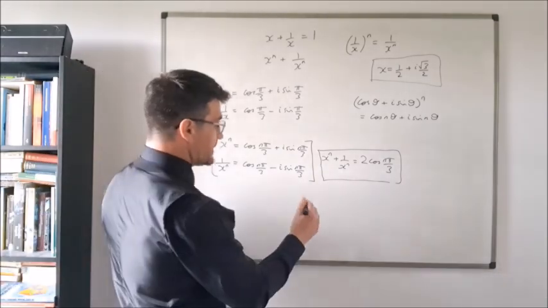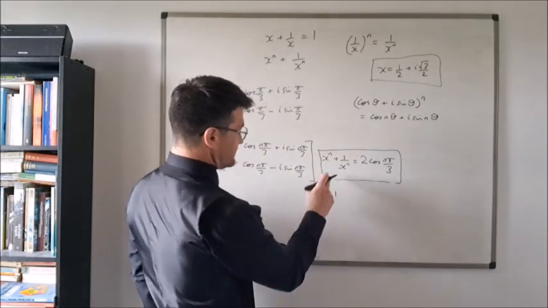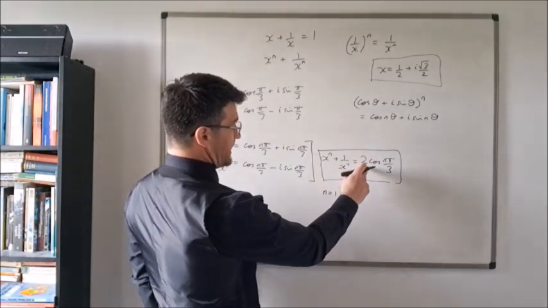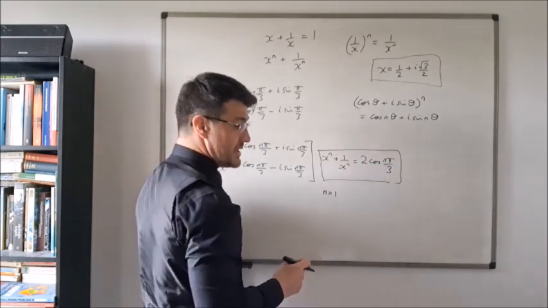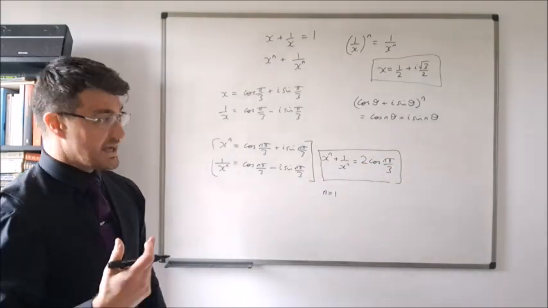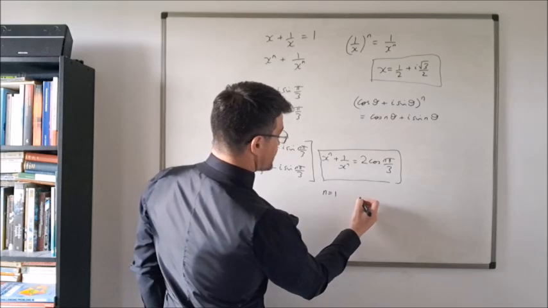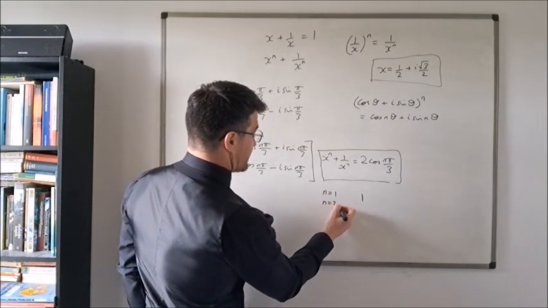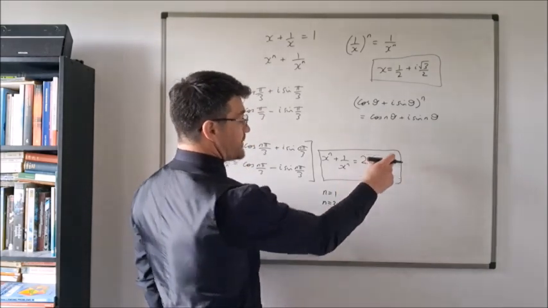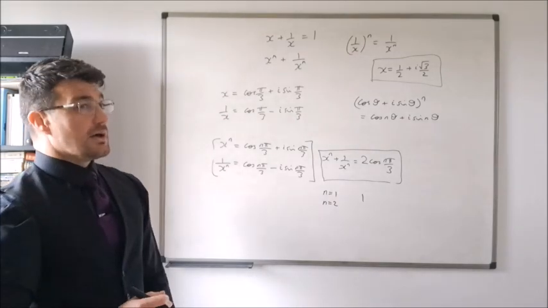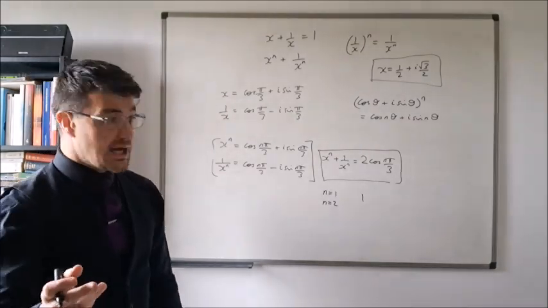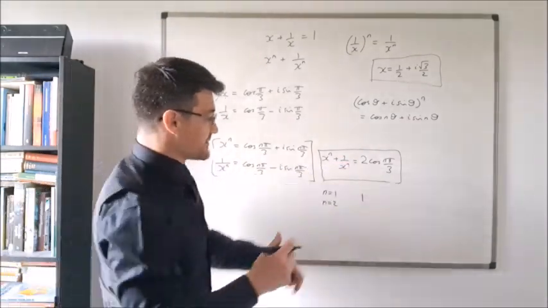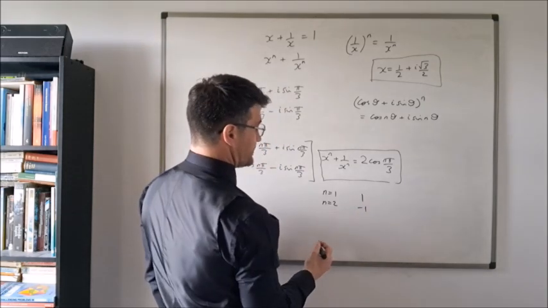So with n equals 1, we get 2 cos pi by 3. Cos pi by 3 is a half. 2 times a half is 1. When n equals 2, we get 2 cos 2 pi by 3. Cos 2 pi by 3 is minus a half. So 2 times minus a half is minus 1.